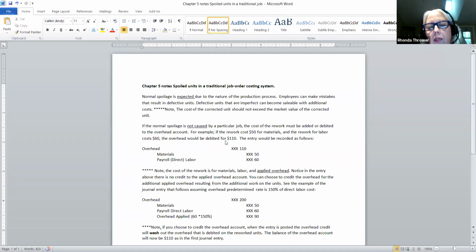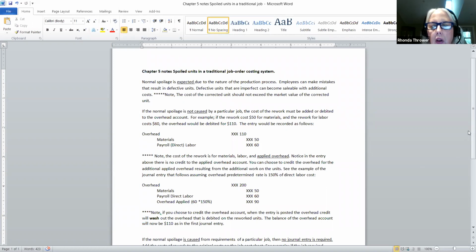Well, when I looked at this, I said, wouldn't there be some applied overhead that would go into this calculation too? And the truth is, you could have made a journal entry that looks different than this one and included the applied overhead with the cost of the rework, because not only would you have some materials involved in the rework and labor, you also would have some overhead that should be applied to this rework item.